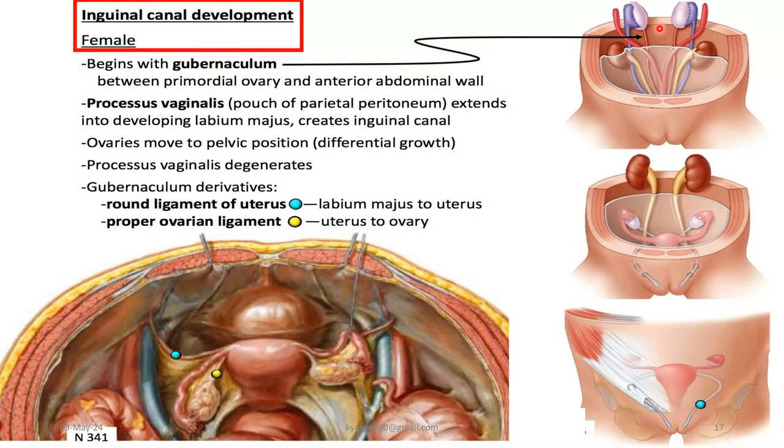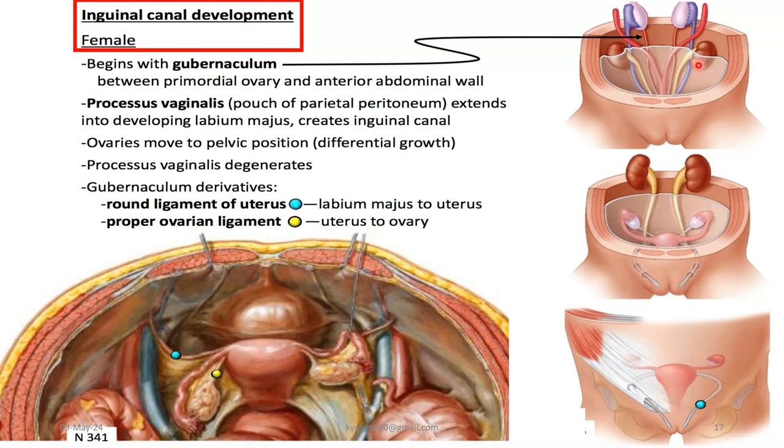This gubernaculum is going to pull the ovaries towards the pelvic cavity.